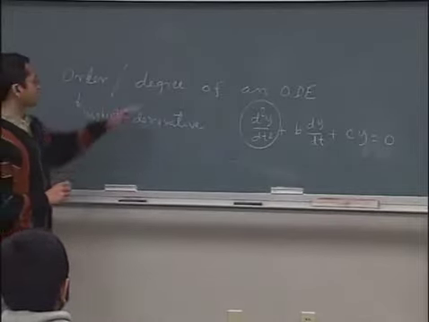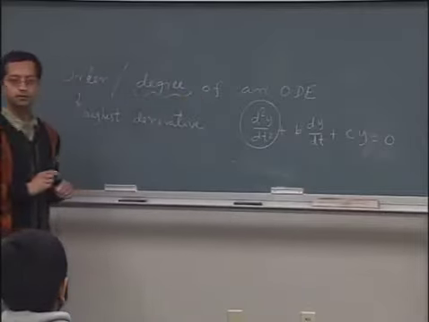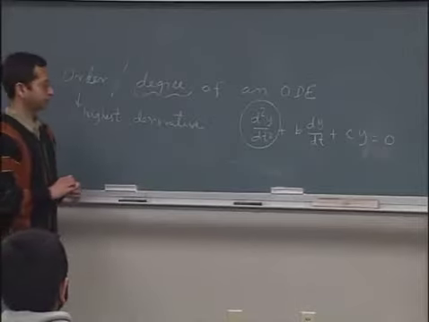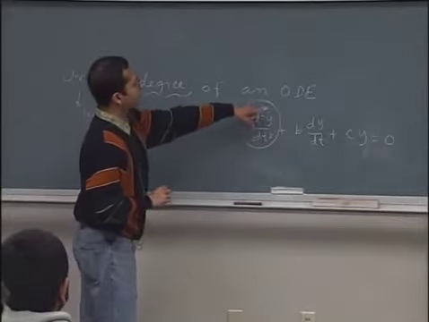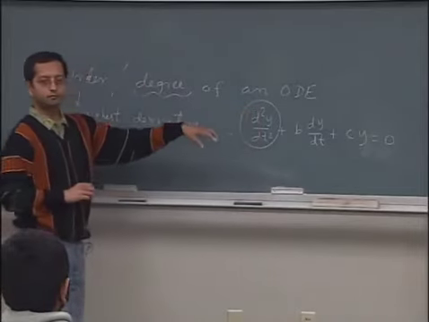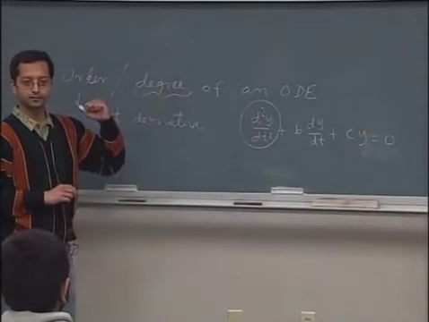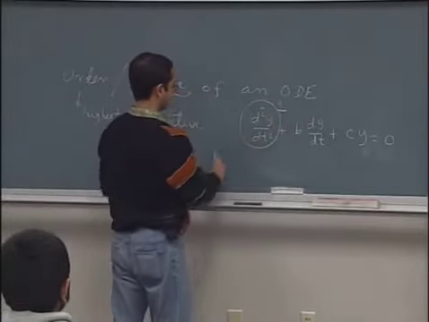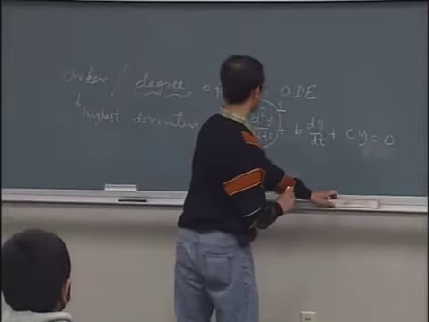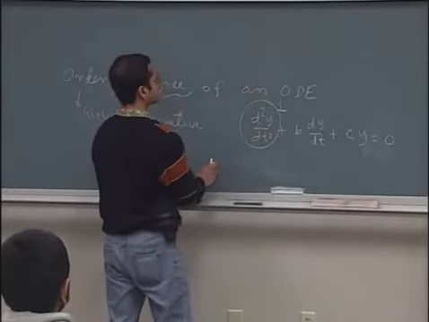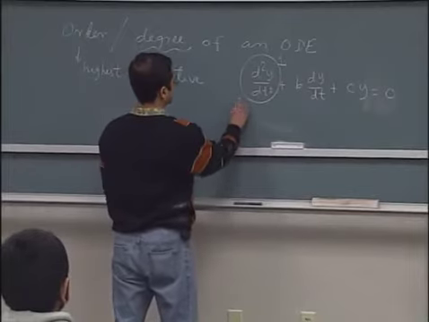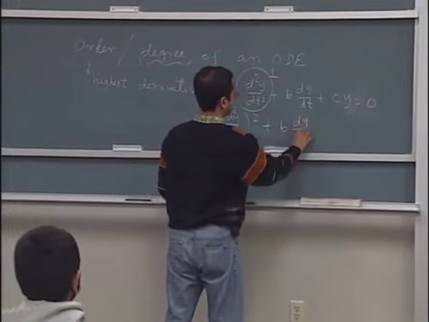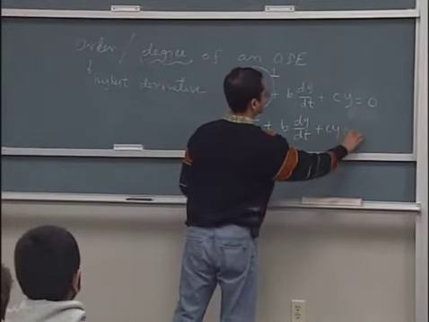And what is the degree? Do you know what degree is? Do you know the definition? The definition is simply the highest power of the highest derivative. Okay, so what's the degree here? 1. So if I write (d2y/dt2) squared plus b dy/dt plus cy equals 0.